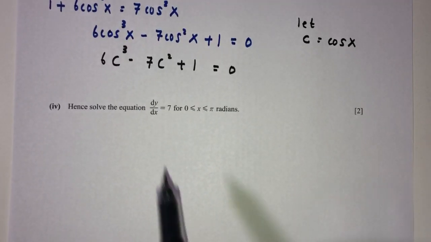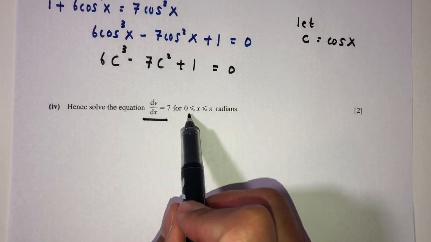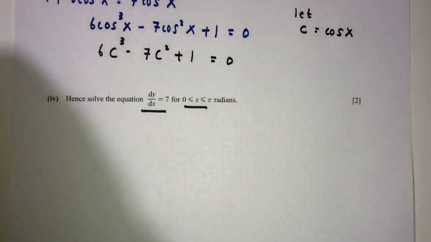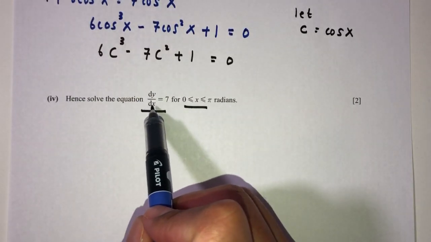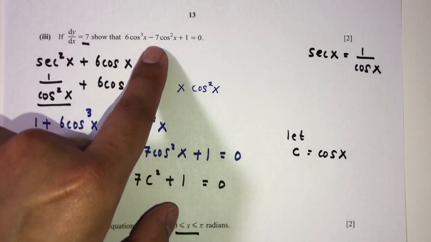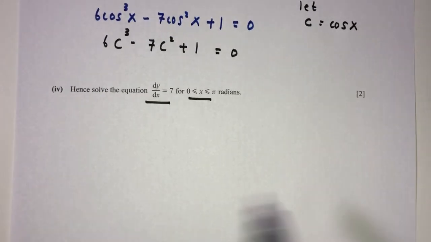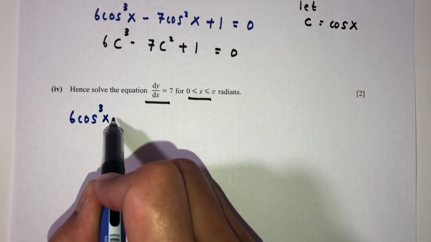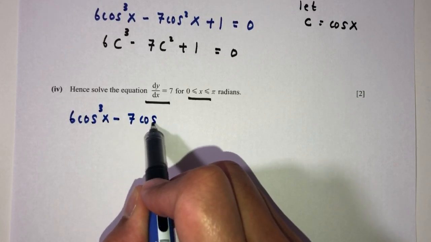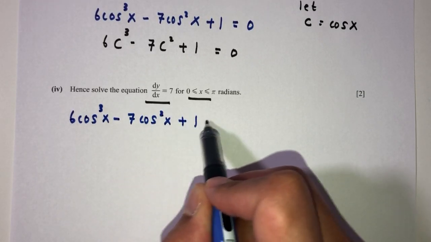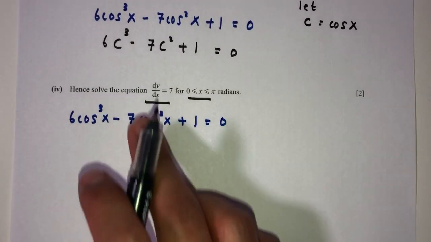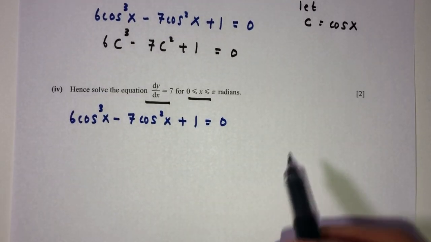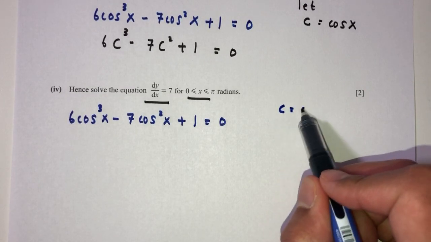So here we have solve this equation for this domain. So let's see. So here we have, as you can see, this is equal to this. So this is basically 6 cos cube x minus 7 cos square x plus 1 is equal to 0. That is the equation that we have. Now, as we said, we have chosen c to be cos x.